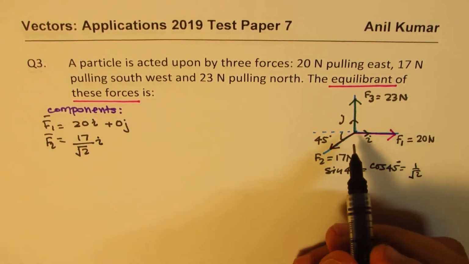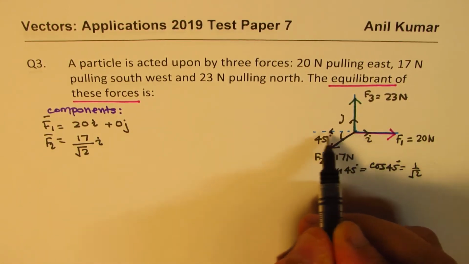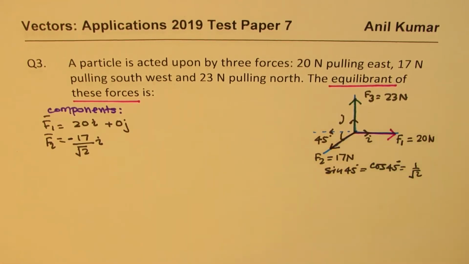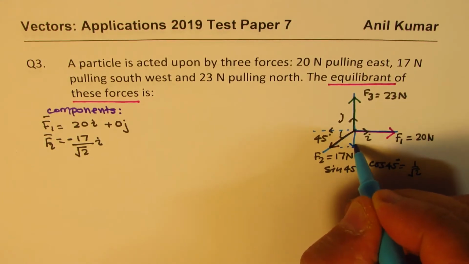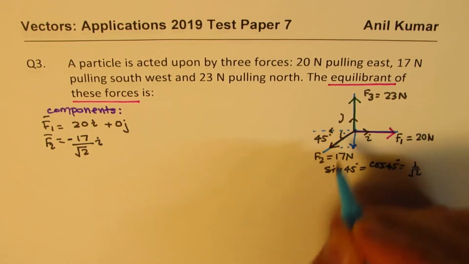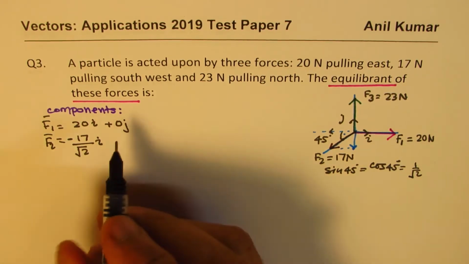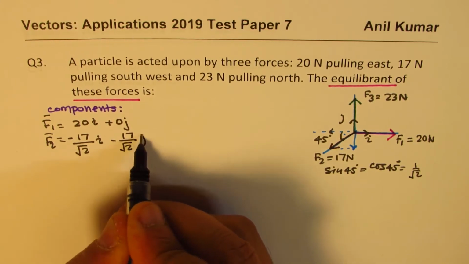Since it is acting in negative direction, we have to write negative here, right? Similarly, the other one, which we are going to split this as, will be in this direction, correct? Now, if I say this is 45 degrees, that becomes the sine component. But anyway, magnitude is minus 17 over square root of 2j.